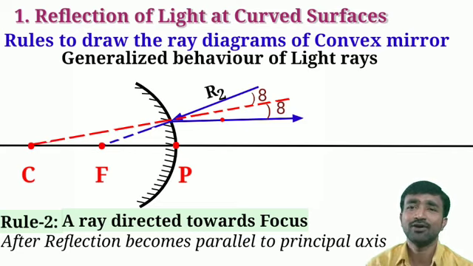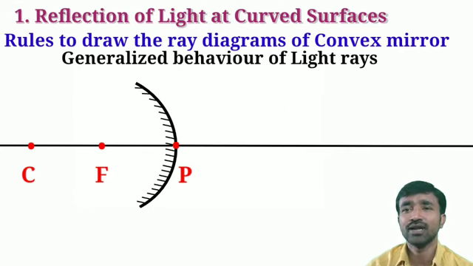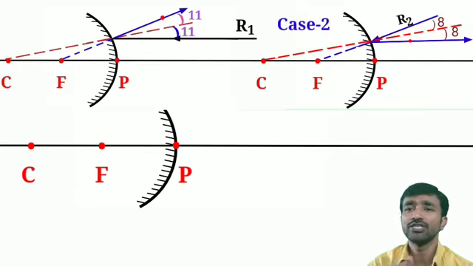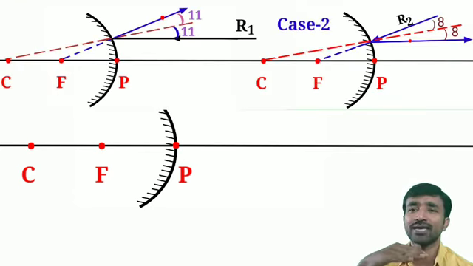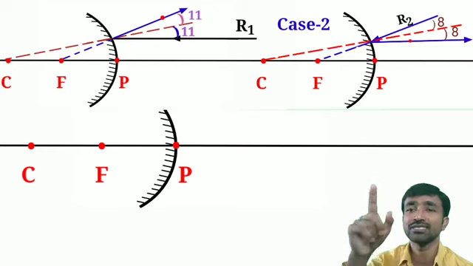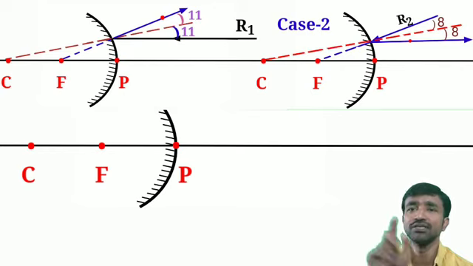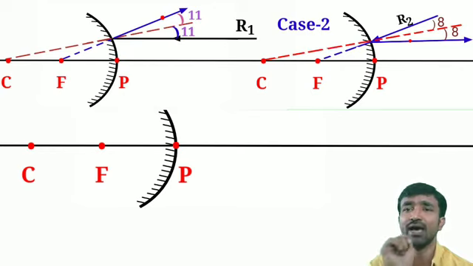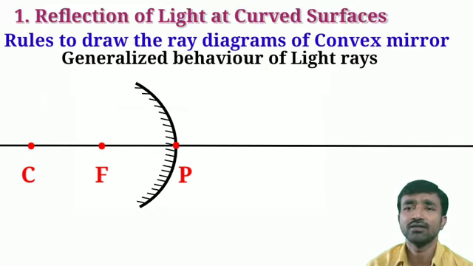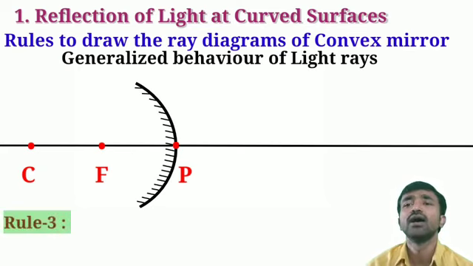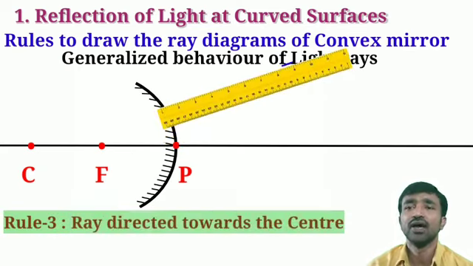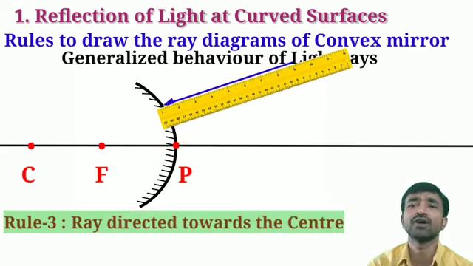So you may have got an idea about case 1 and case 2. If you send a light ray parallel to the principal axis, it seems to emanate from the focus. Its converse is: if you send a light ray to meet the focus, it becomes parallel to the principal axis. Very interesting. Then see the last one, case 3. The ray is incident along the normal, that means it is directed towards the center of curvature.